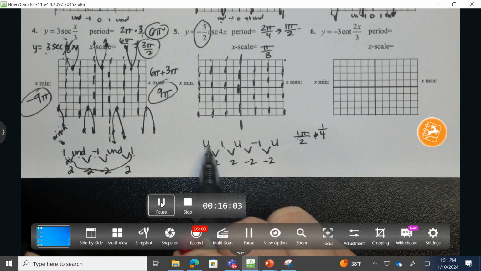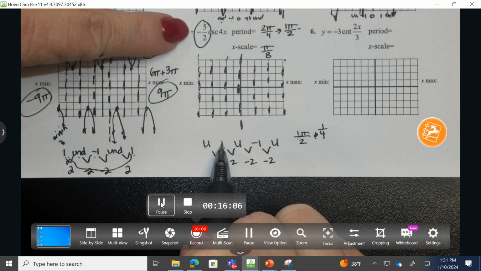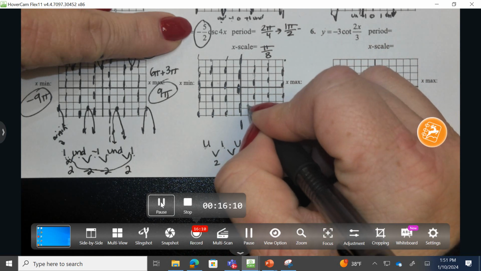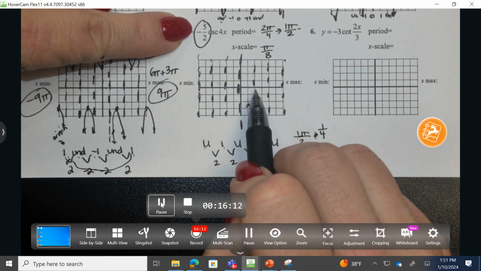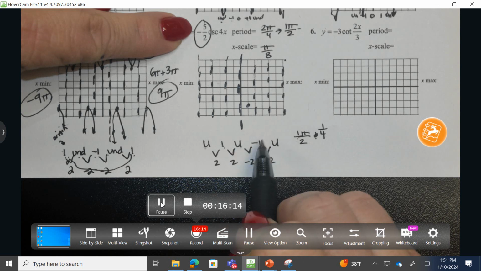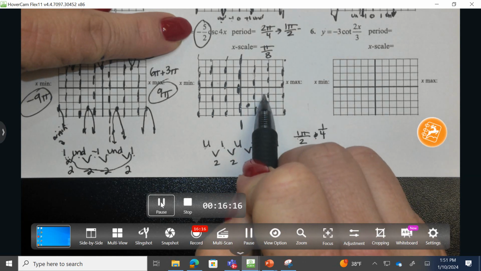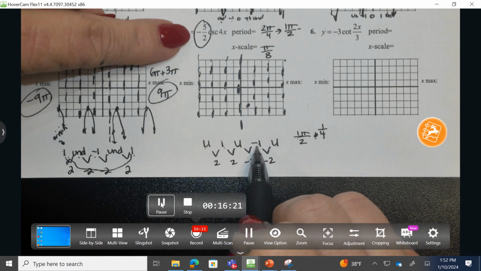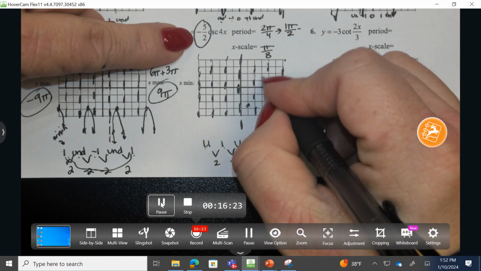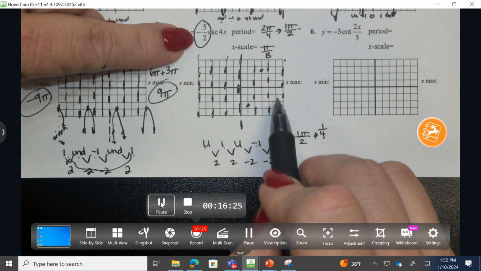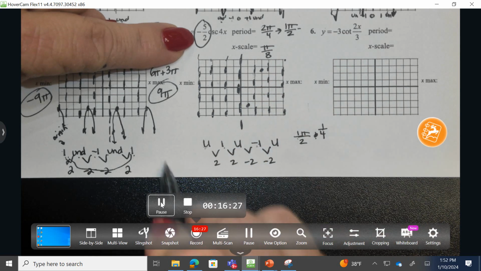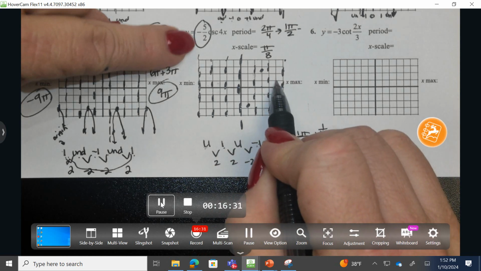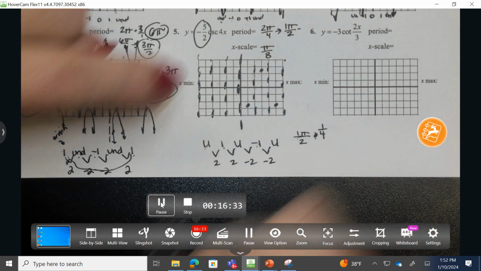Now my next step should be up 1, but 1 times negative 2.5 is negative 2.5. And then I have undefined, and the next one should be at negative 1, but negative 1 times negative 2.5, well, two negatives make a positive, and I end up with a positive 2.5. Again, after this it cycles back, so it should be a positive 1, and positive 1 times negative 2.5 is negative 2.5.